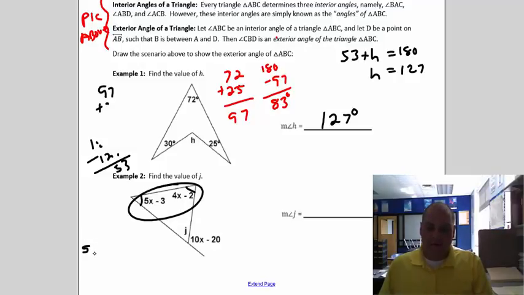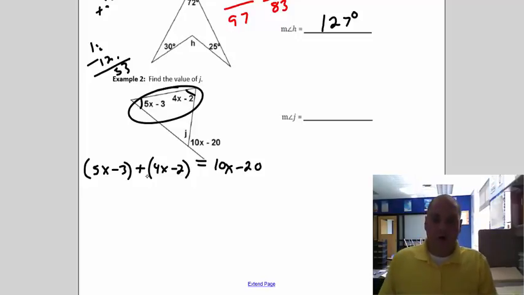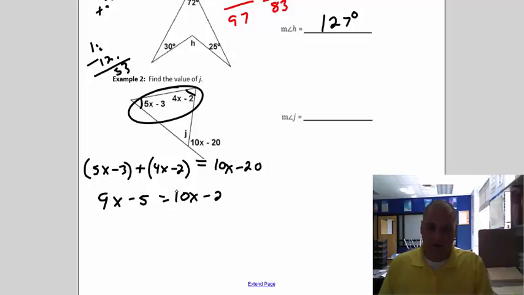5x minus 3. I'm going to extend the page a little bit. 5x minus 3 plus 4x minus 2. That's got to equal 10x minus 20. Okay? So this gives you 9x minus 5 equals 10x minus 20.